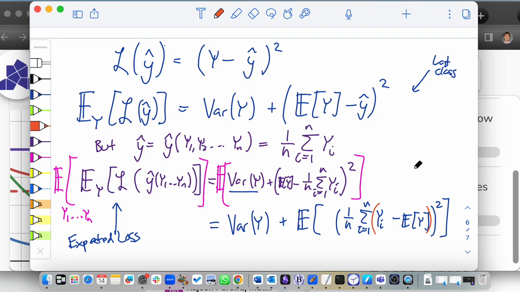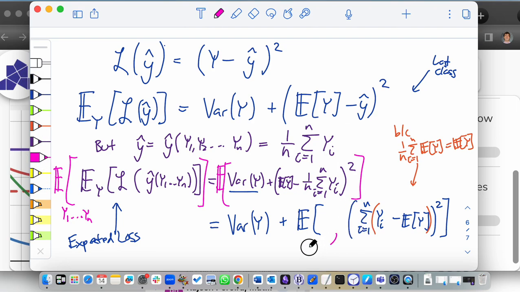The 1 over n times the sum of a constant is equal to the constant, so you can put it inside or outside the sum. It's the same no matter what you do, because the coefficients 1 over n add up to 1. And now it's a sum of terms. I have a 1 over n, so let me move it out. It's 1 over n squared, and I can move it outside.